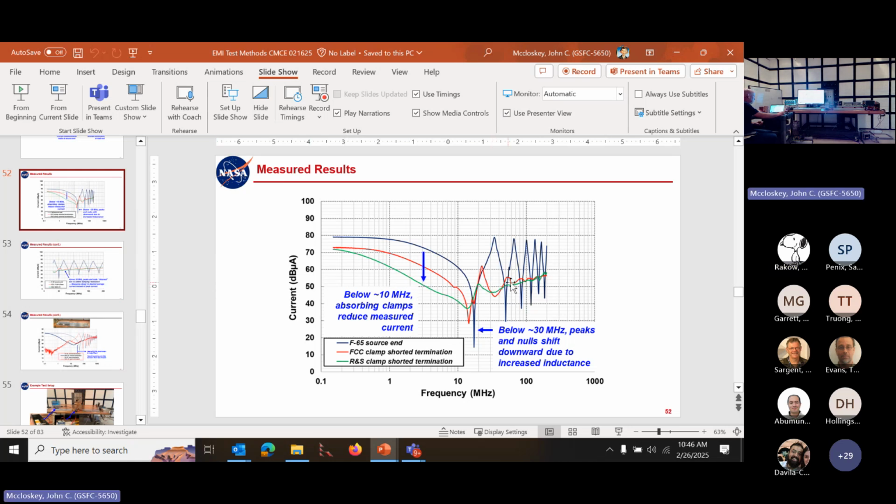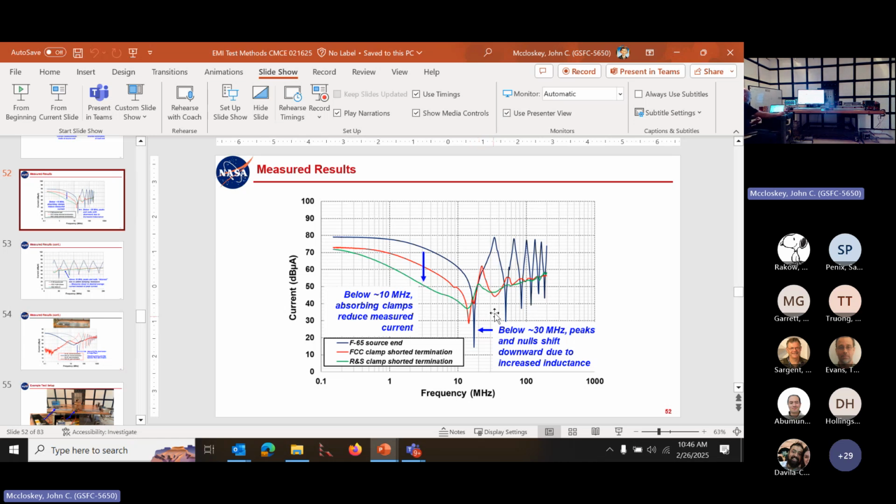Yeah. So, this chart here is showing, I probably took these measurements several years ago, that when you put the absorbing clamp in there, your pattern of peaks and nulls will shift, and that's because you're putting this inductive or magnetic material in there.